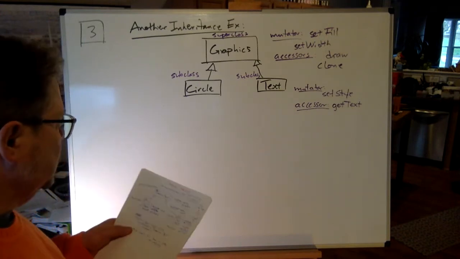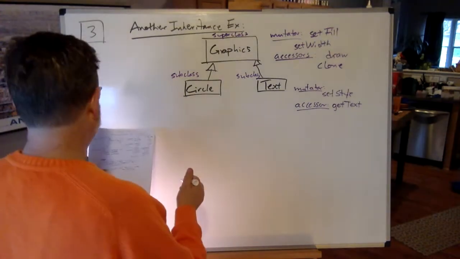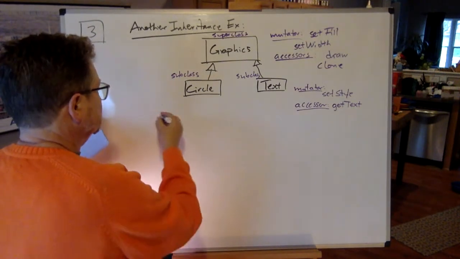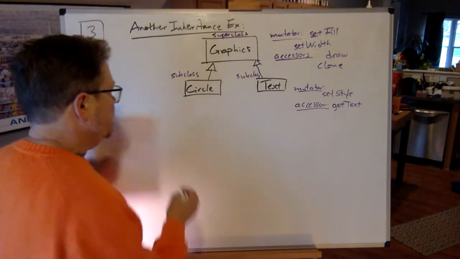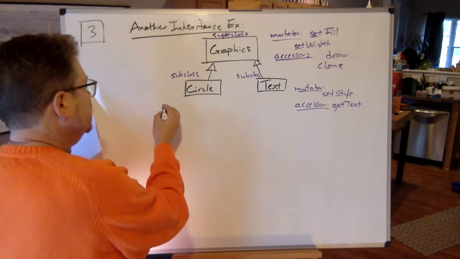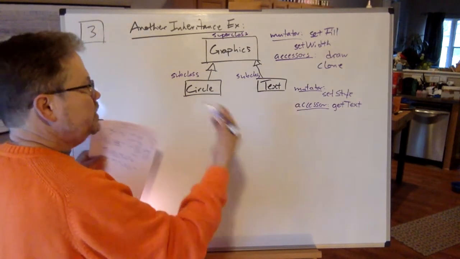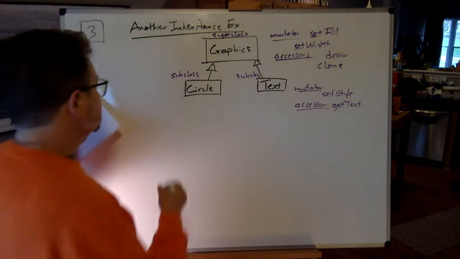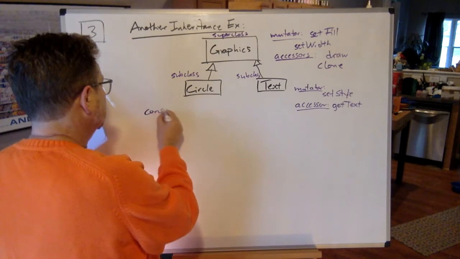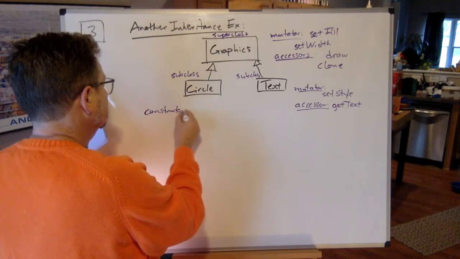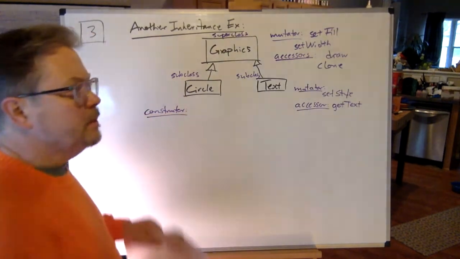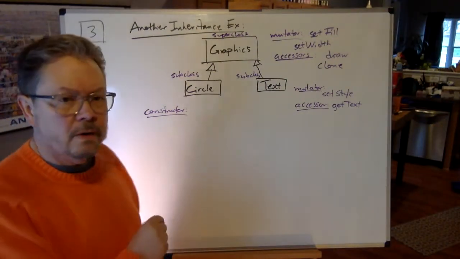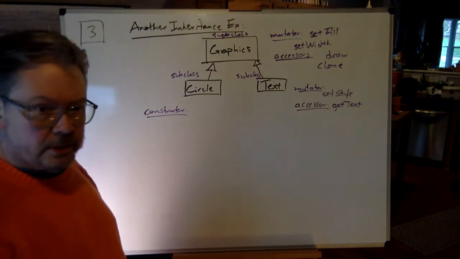The child circle over here, the subclass, it might have something like, well, we haven't looked at the constructors yet. The constructor is like turn on and off. Constructor is a special class of mutator that means make a brand new one. You don't always have to clone an object to get a new object. You can also use a constructor, which serves the purpose of just stamping out a brand new one based on all the things that we've defined that a circle object should have.